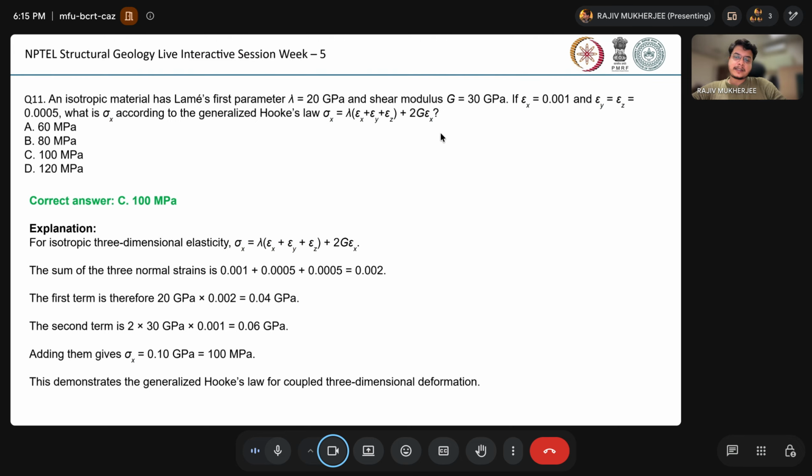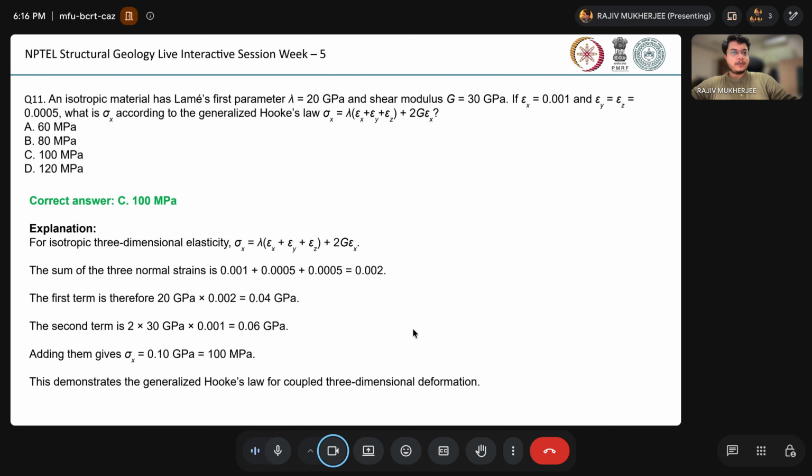So this demonstrates the generalized Hooke's law for coupled three-dimensional deformation, and this is the easiest version that you are seeing because we have considered an isotropic material. Had this been an anisotropic material, it would have been very difficult, and the generalized Hooke's law would be much more extended than this one.